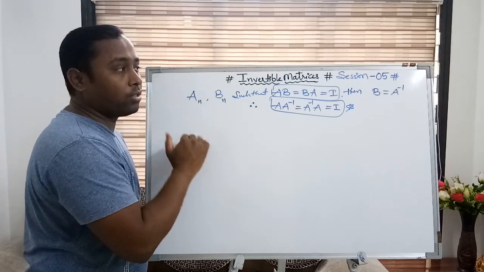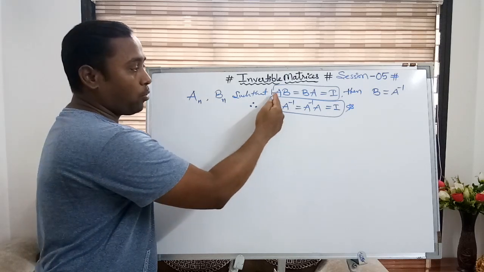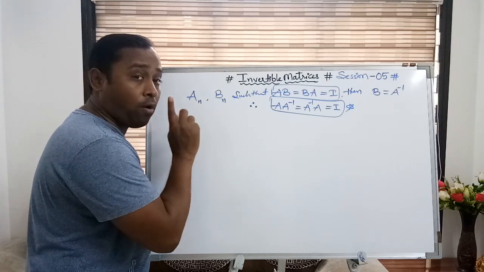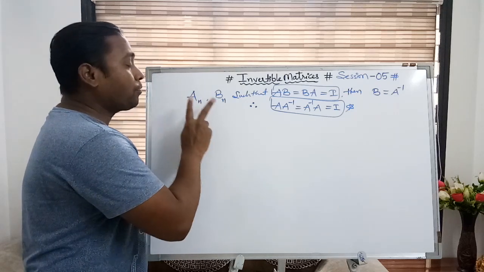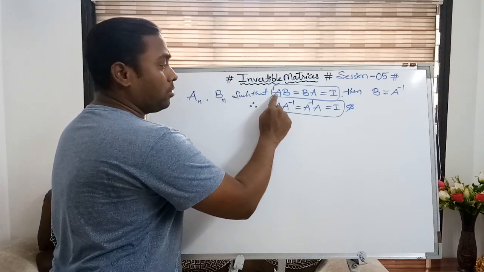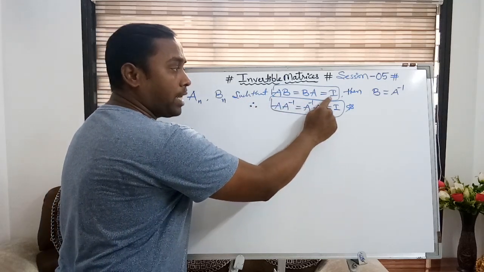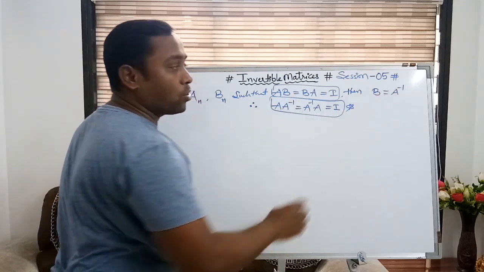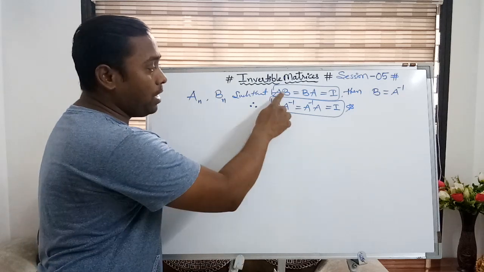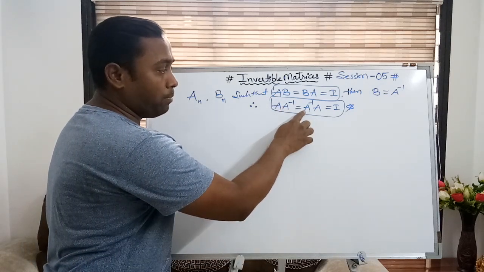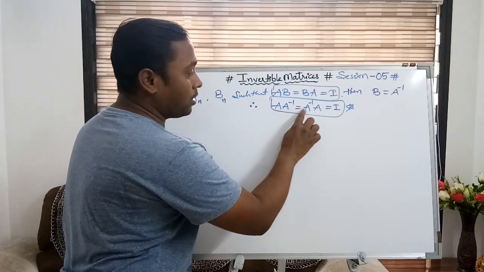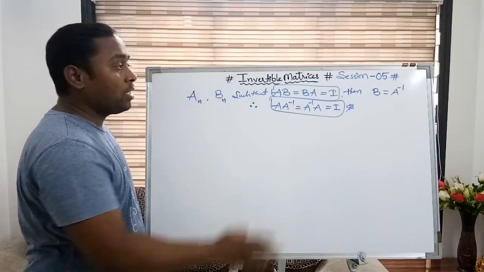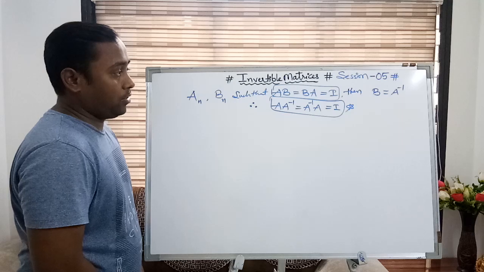Other than square matrices, it won't exist, because the product is not always defined. Hence, A and B must be square matrices of the same order. Then, if they satisfy the condition AB is equal to BA is equal to I, B is called the inverse of A, written as A inverse. Therefore, A into A inverse is equal to A inverse into A is equal to I. So, remember this statement. Now, this is what an invertible matrix is.